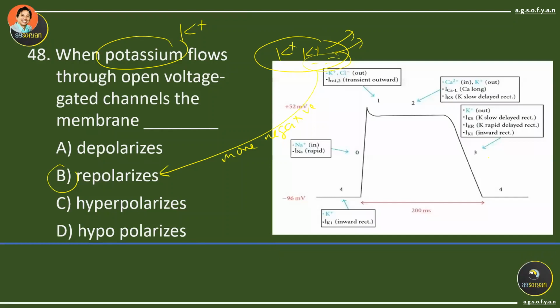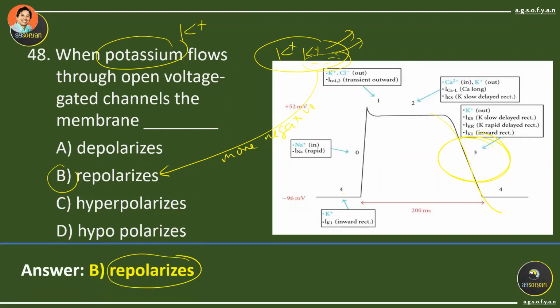Okay, so in the EMG, the graph will be going down like this. Okay, this is depolarization. I mean, this is repolarization, sorry. Depolarization increases, repolarization decreases.